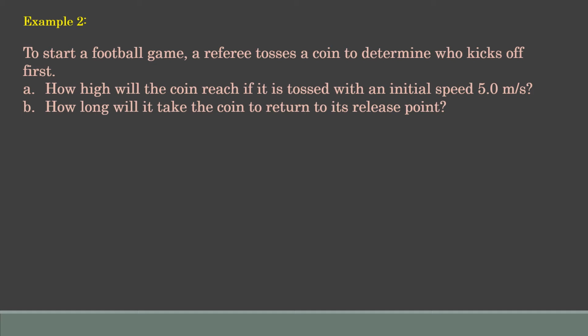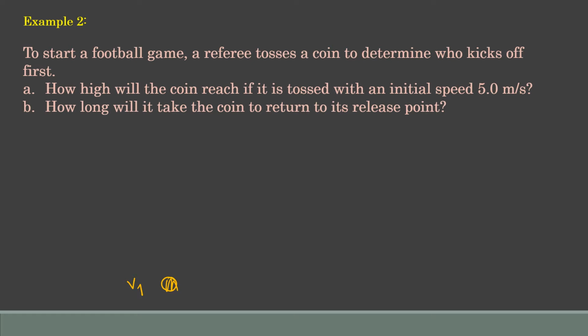Before we solve this problem, kindly take note that this is already an example of free fall wherein the object is in upward motion. In an upward motion, not unlike in downward motion wherein our v sub i is 0, this time we are given an initial velocity.